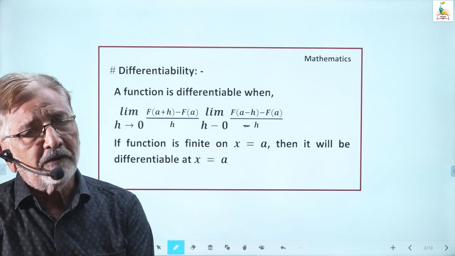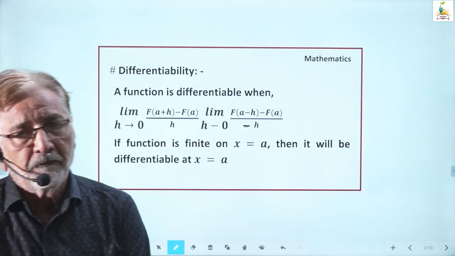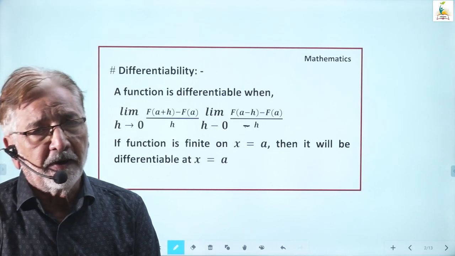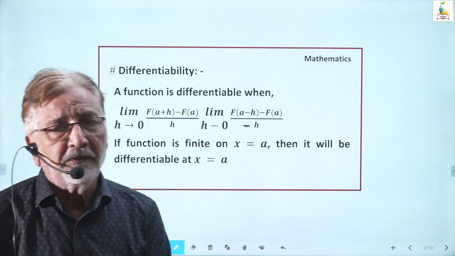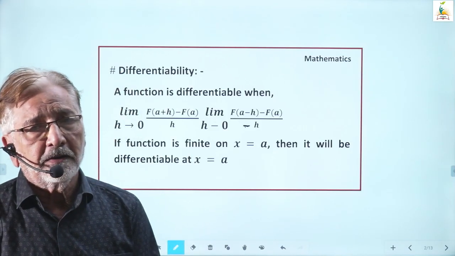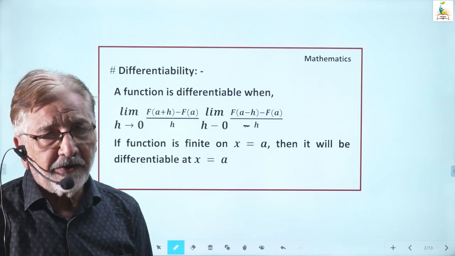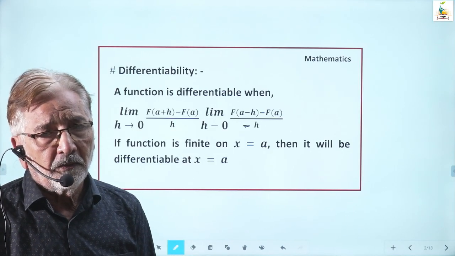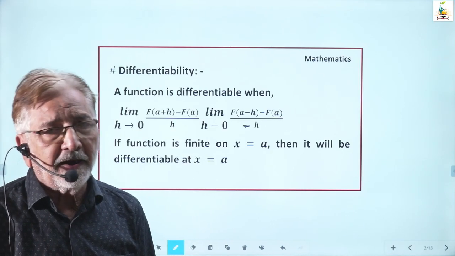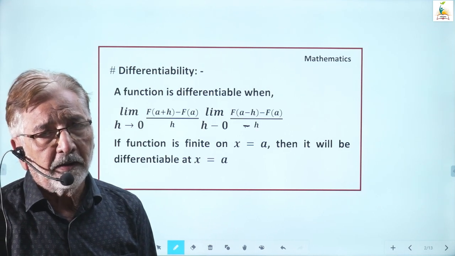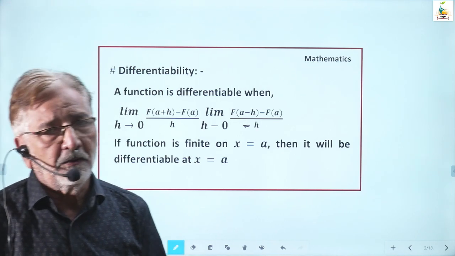So what we shall keep in mind, first thing: if a function is a step function and it is defined in different ways in left of a and right of a, then you differentiate the function in left and right. If they are equal, the function will be differentiable at x equal to a.